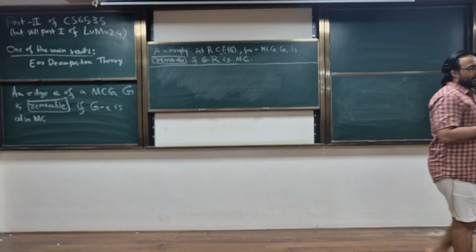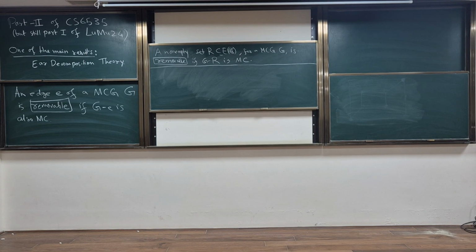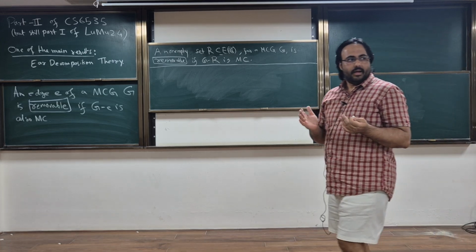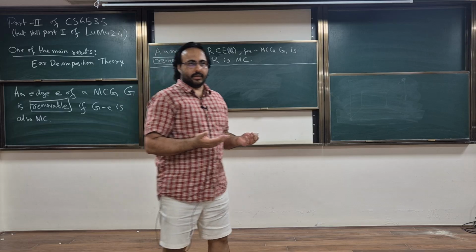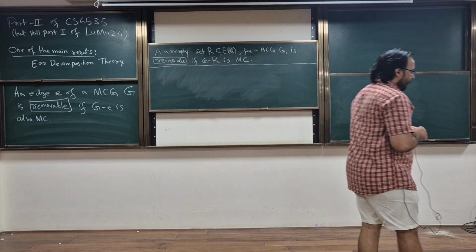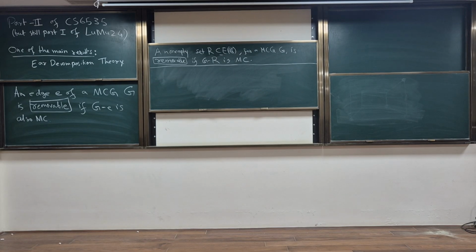Of course, what will be more interesting is not just any removable set, but a minimal removable set. In the case of the Petersen graph, those 3 edges, they are not a minimal removable set. I could have just deleted one edge from the Petersen graph and I would still have a matching covered graph. So, not minimal. Okay, what about bipartite graphs?